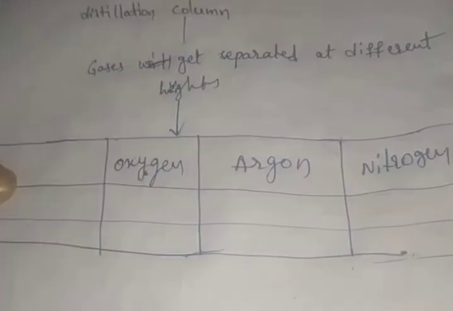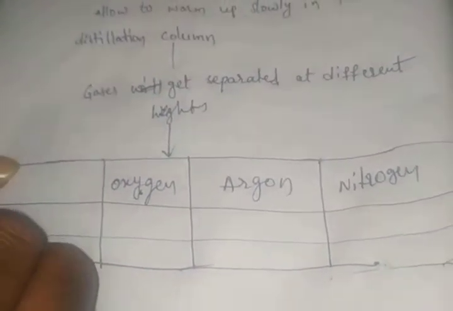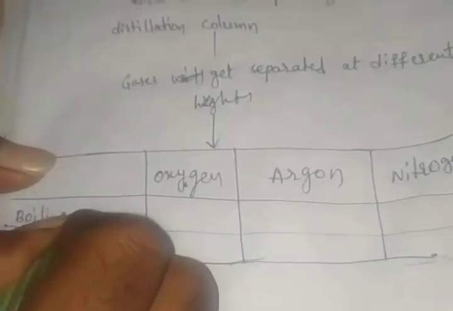This is oxygen, this gas is argon, and the next one is nitrogen. The first column is the boiling point in degrees Celsius. The second column is the percentage of air by volume.